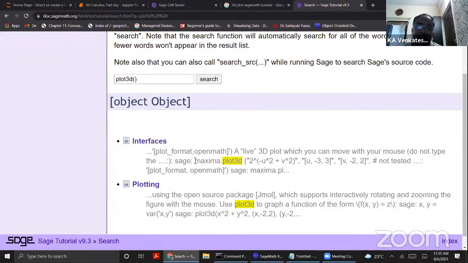Sage is taking from a software called wxMaxima. wxMaxima is a little easier than this because everything is in a pane arrangement, and it has been given in a different way. So it is easy to pull it out nicely. So you can think of it that way also.